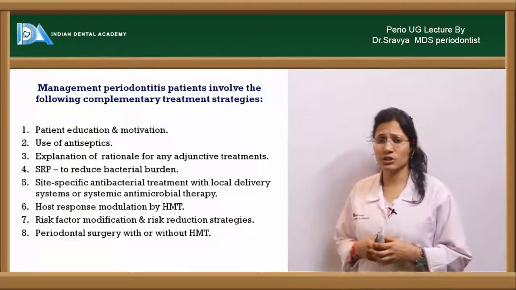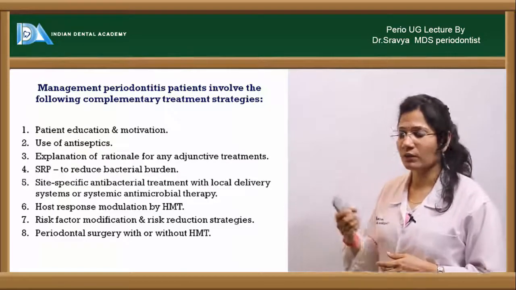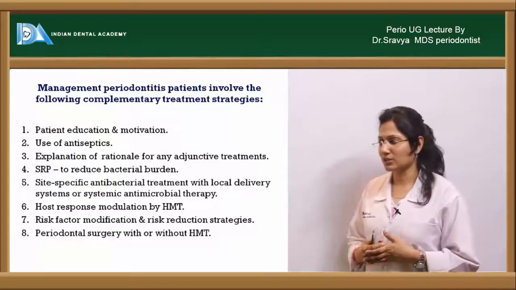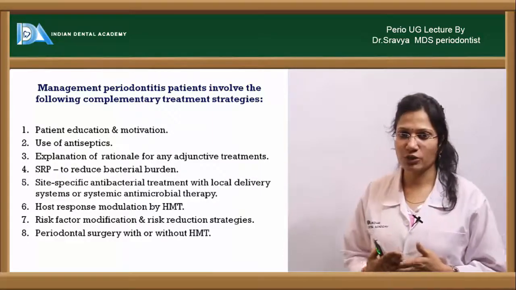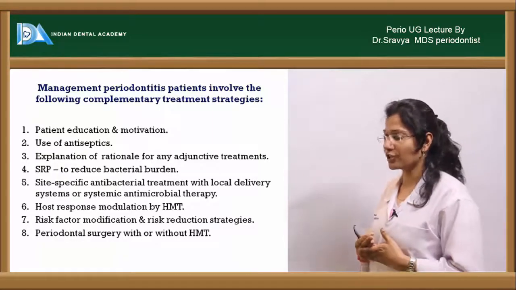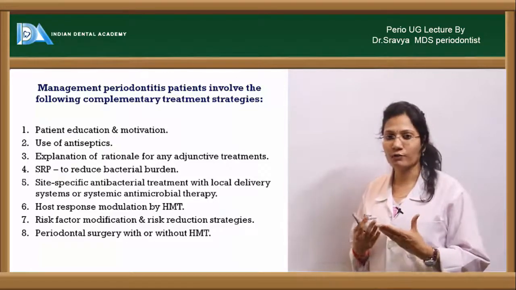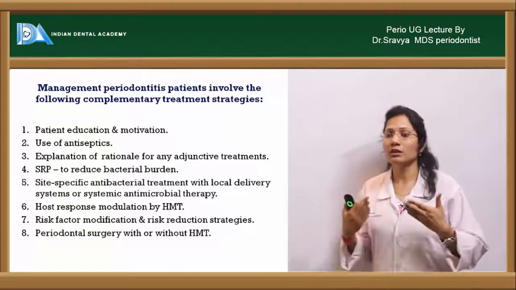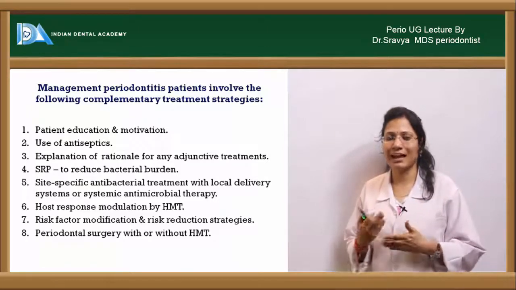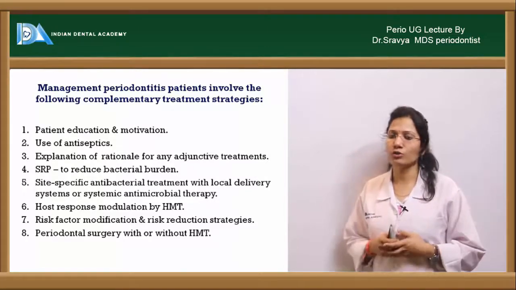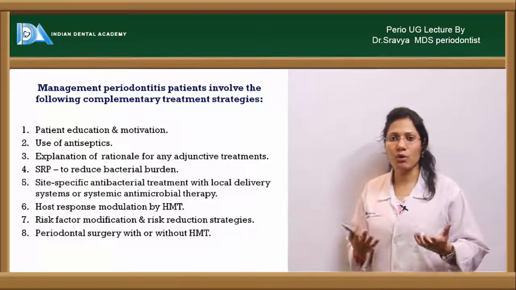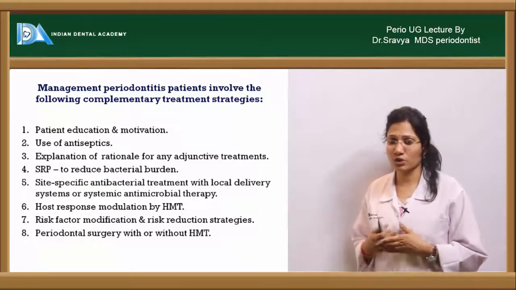So what are the treatment strategies that you can think of for periodontitis patients? Complementary treatment strategies include good patient education and motivation regarding the importance of oral hygiene, and regarding the factors that can contribute to periodontal disease, like your environmental factors, that is smoking, and then stress reduction protocols.